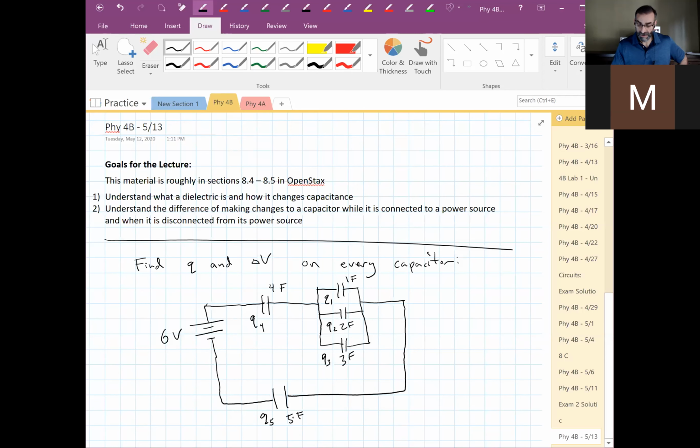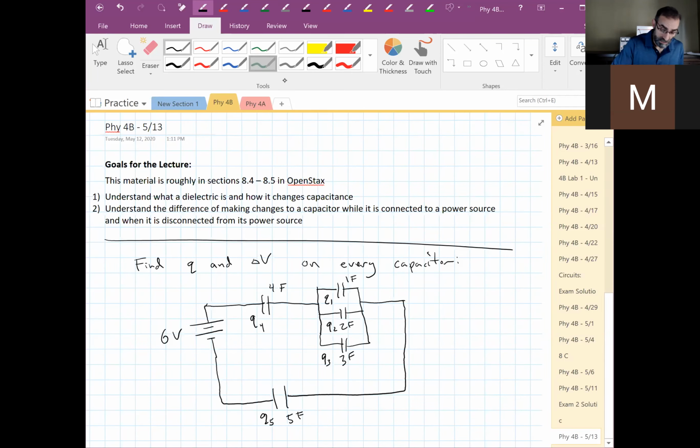So you should be reducing this down to one equivalent capacitor. And as you look at these circuits more and more, you're going to start to spot things, like resistors that are in series, resistors in parallel.